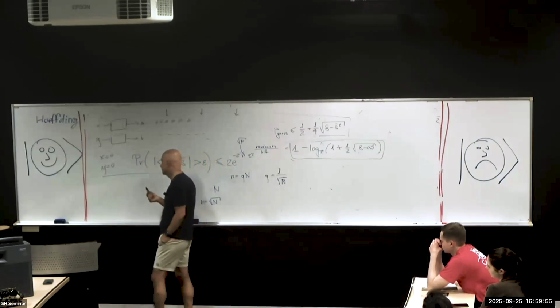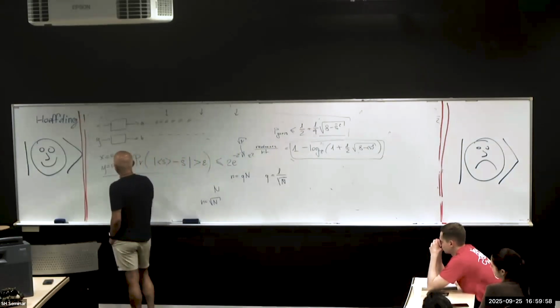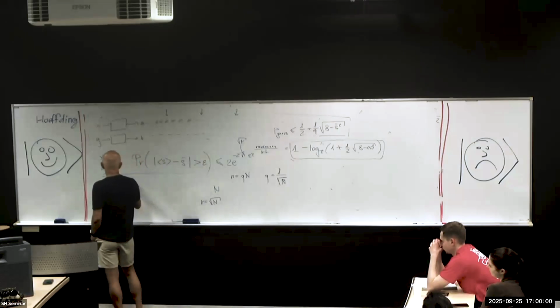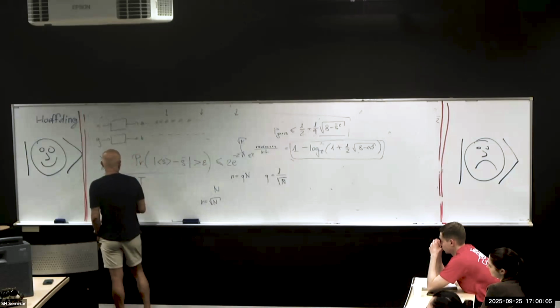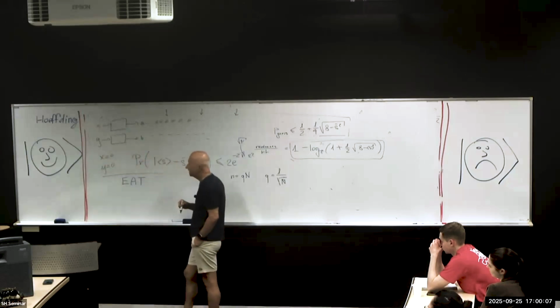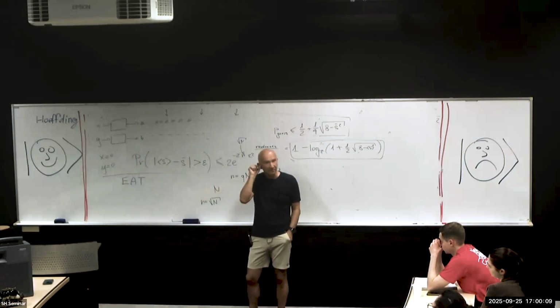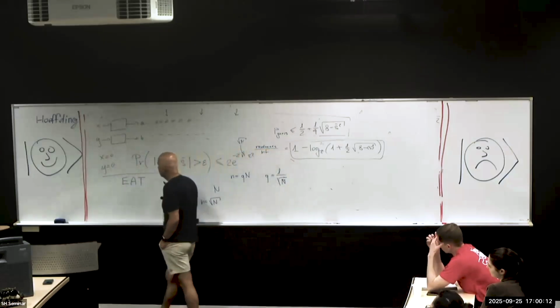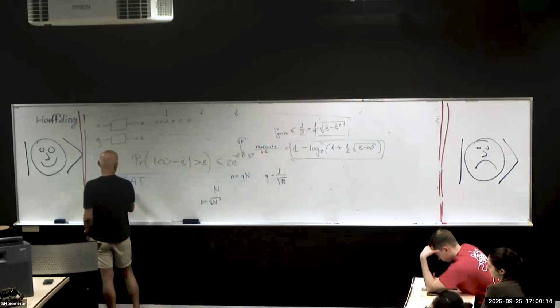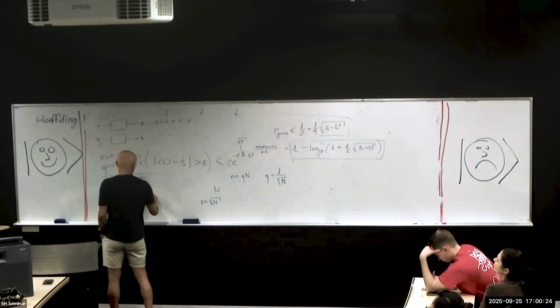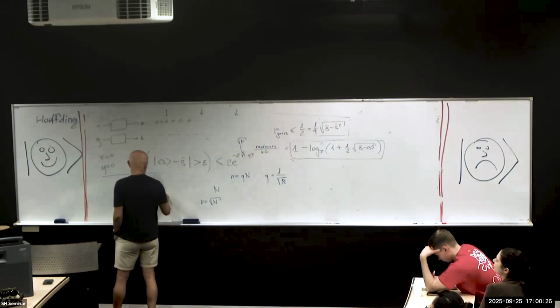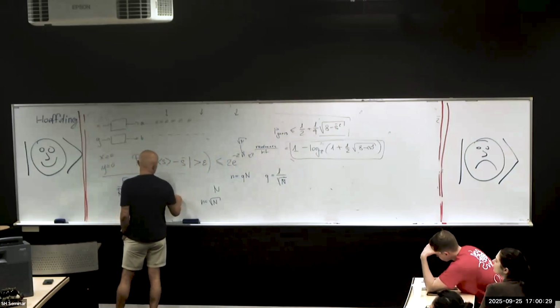But in case of going beyond IID, there's a technique that is called EAT, which stands for entropy accumulation theorem, which is due to a few people. But if you want a really nice, good explanation of this, you should just look up a woman who is called Rotem Arnon-Friedman.